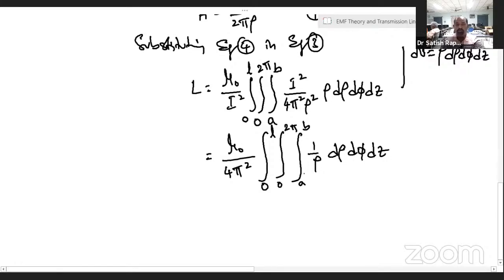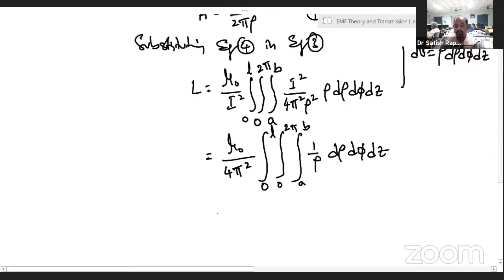Integration of 1 by rho d rho is log rho, and substituting the limits we get log b minus log a, therefore log b by a. Integration with respect to phi gives phi, and substituting the limits, we get 2 pi. Integrating with respect to z gives z, and substituting the limits, we get L.